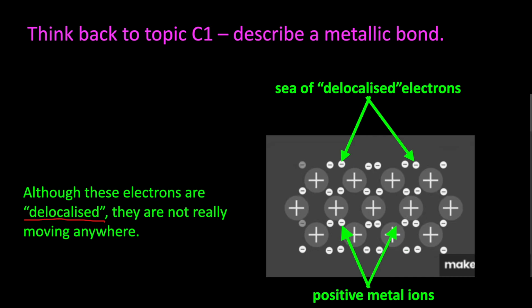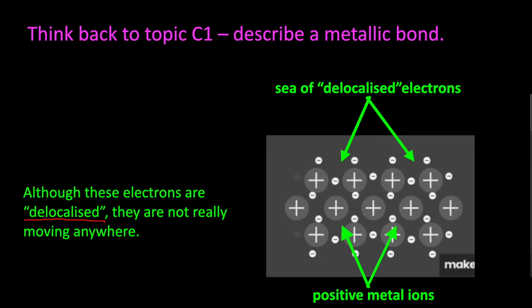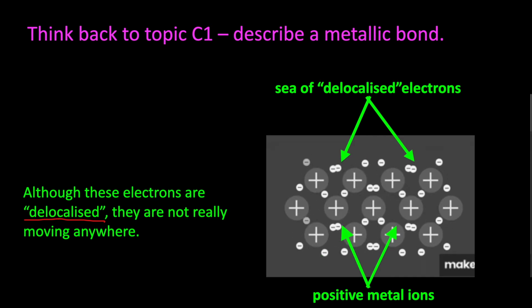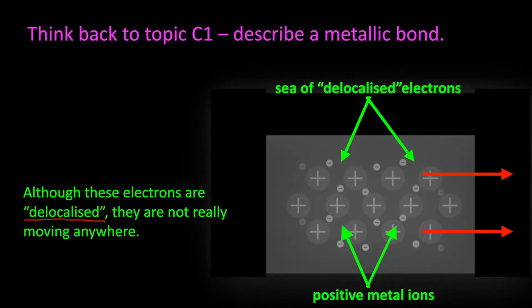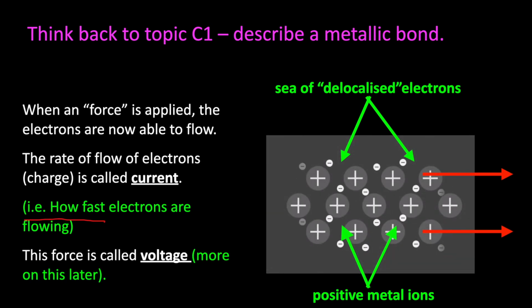As soon as you apply a force to these electrons, like so, as soon as these electrons experience a force, their motion and their movement changes. These electrons are no longer circling the positive ions. They're flowing around and between them.